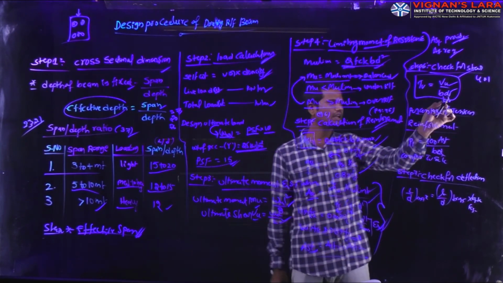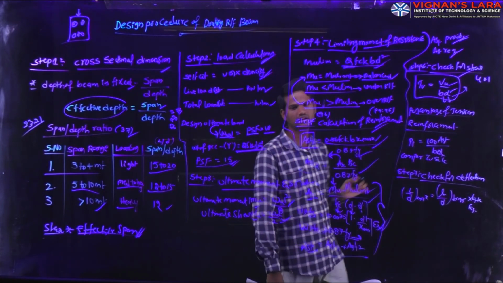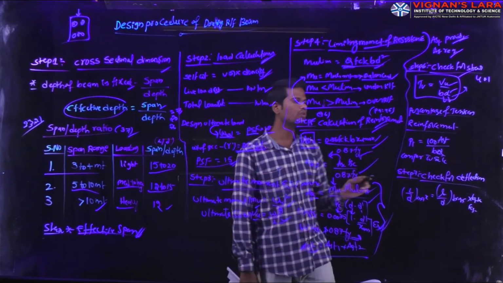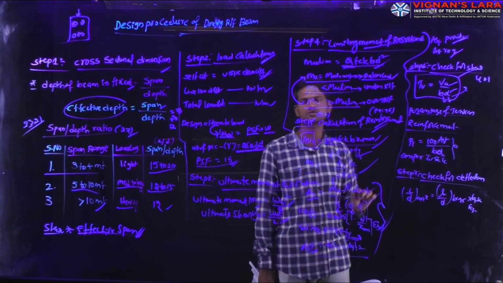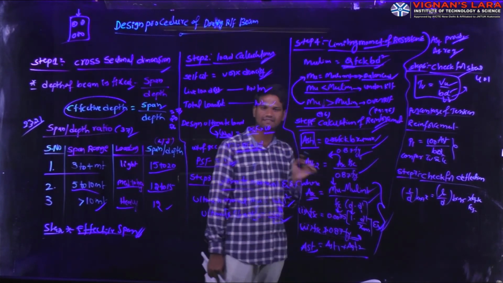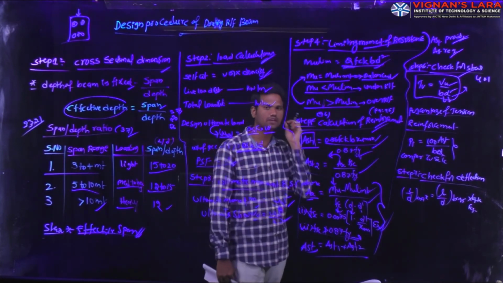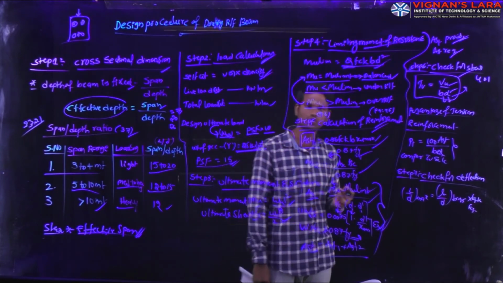After calculation of this shear stress, the beam has to resist that shear, so we have to provide reinforcement. Whether the provided reinforcement resists the shear strength of the concrete or not, we have to check. Based on that, stirrups have to be provided for the beam.